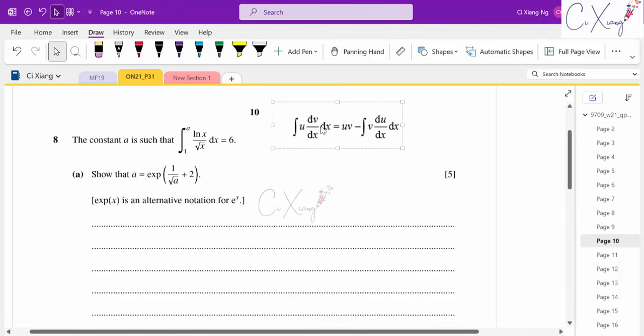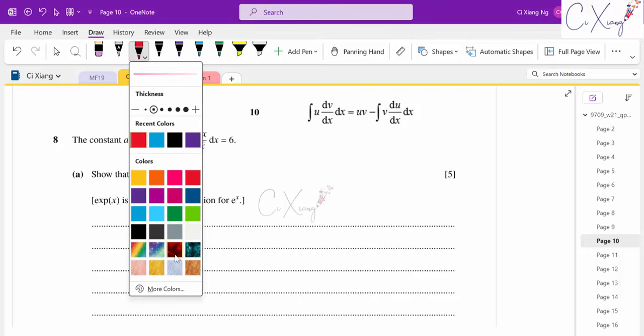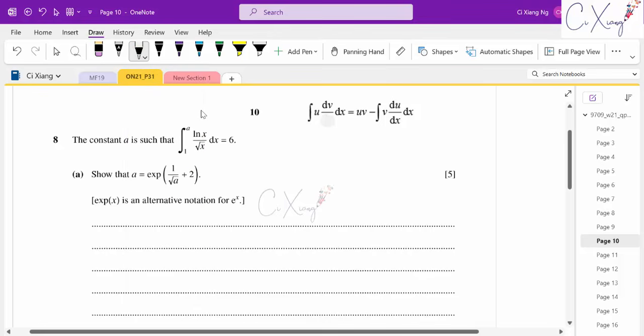Okay, so for me, this formula looks complicated. Therefore, when I discuss, I will always ask the students to cancel off the dx and dx, because originally these two are dx, right? I will tell students, don't look at the dx and dx here.